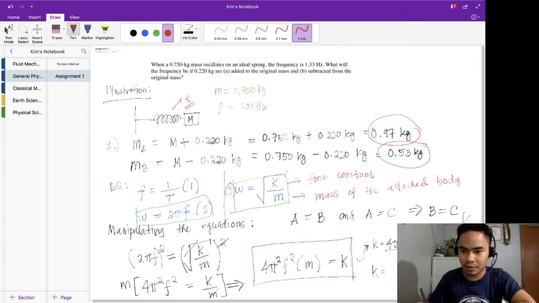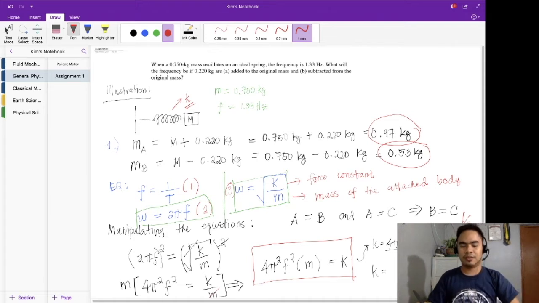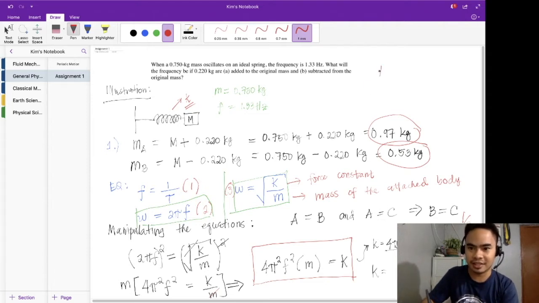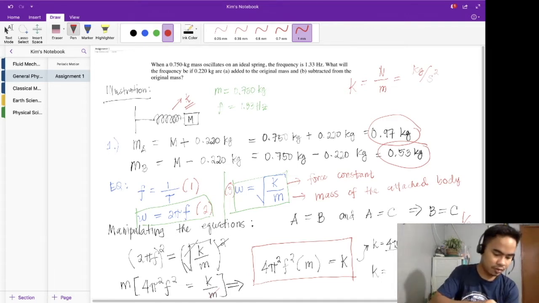So you expect to get kilogram per second squared, which you will see later in the class is just equal to newton per meter. Newton per meter is the SI unit for the force constant k, and that is equivalent to kilograms per second squared.